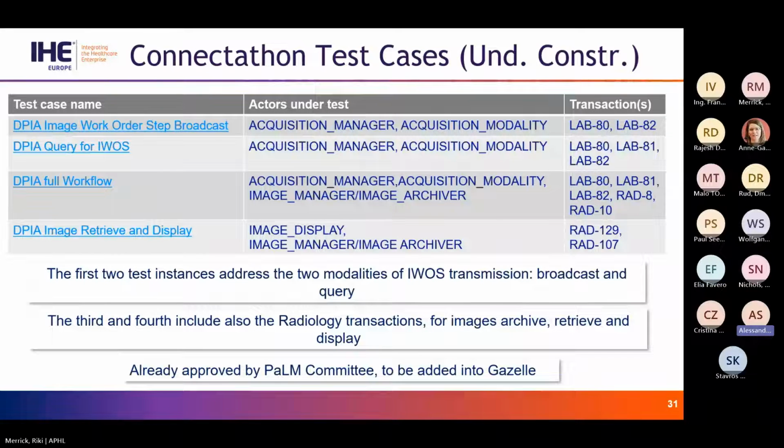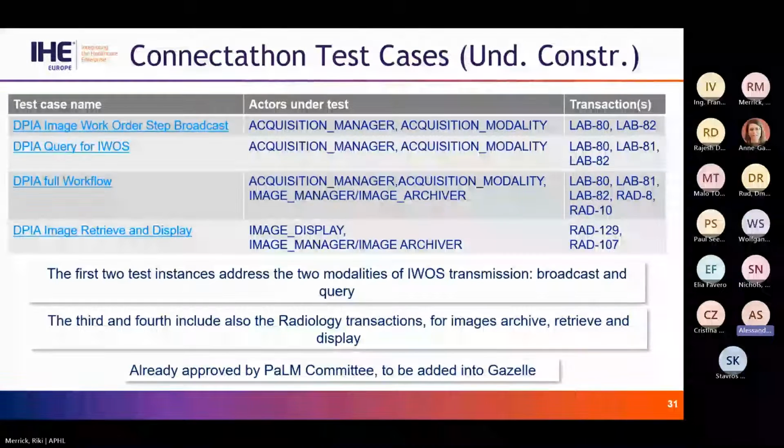The third and fourth, as I said, include also the radiology transactions. So we are testing the digitalization itself and the saving, the storage of the images in an archiver, for example. We won't go into detail of each one of these tests, but here you can find the links to the draft of each specific test.